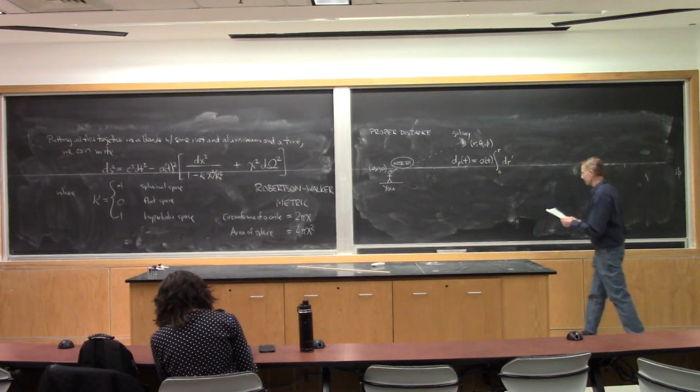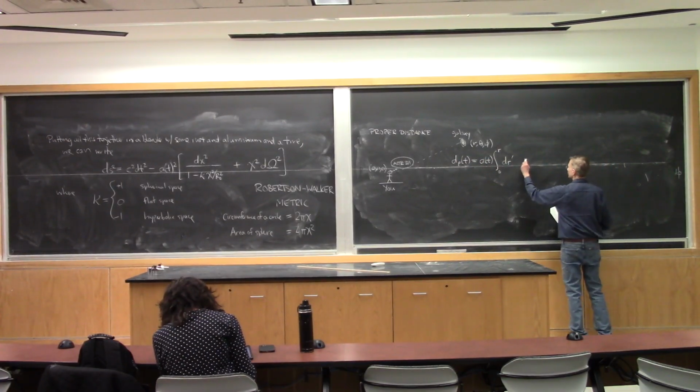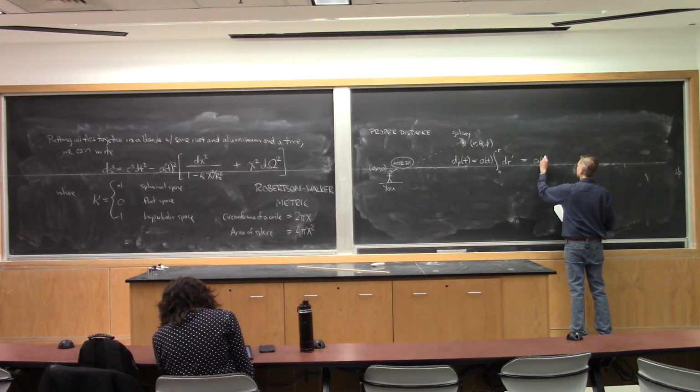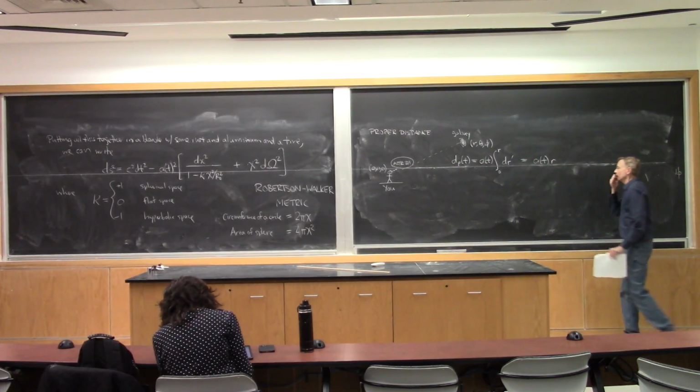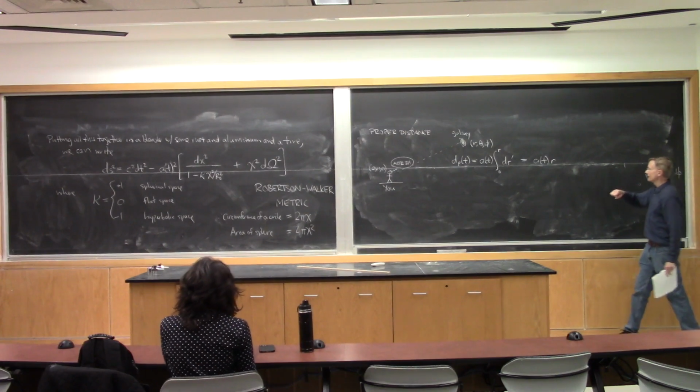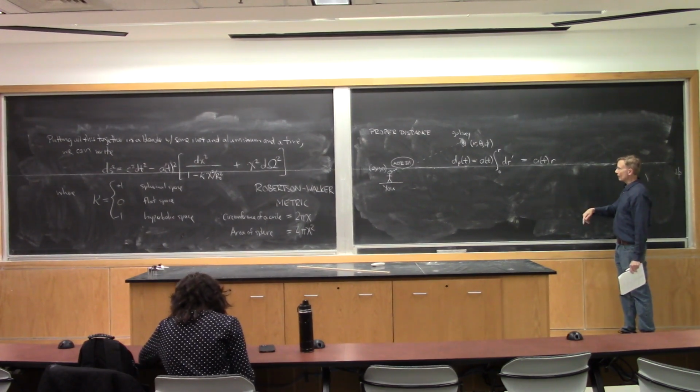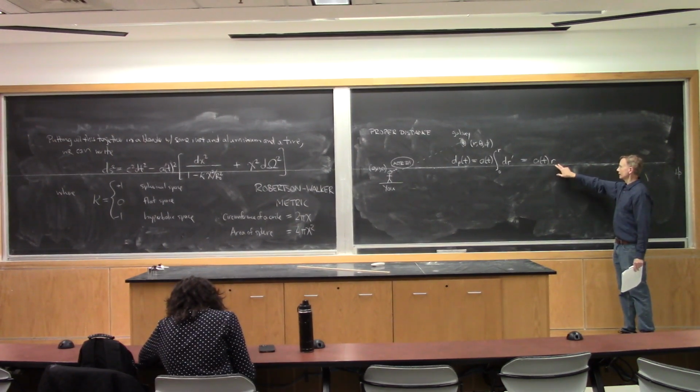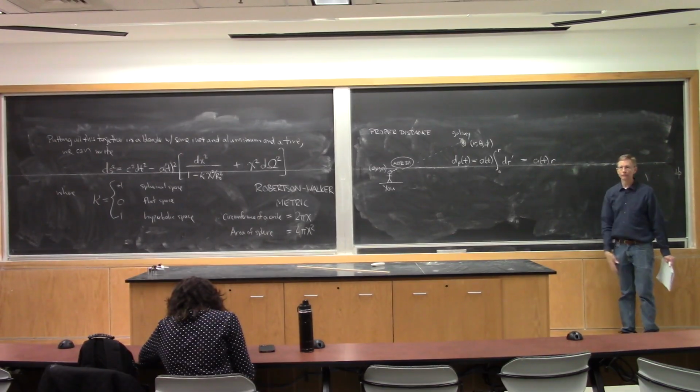And so you just get a of t times r. This goes with the idea that r is distance away at the time when the scale factor is 1, and at other times when the scale factor has some different value, you have to multiply it by the scale factor.